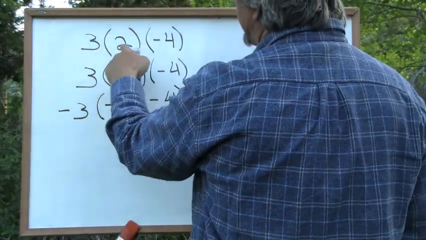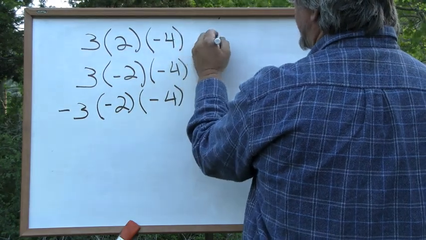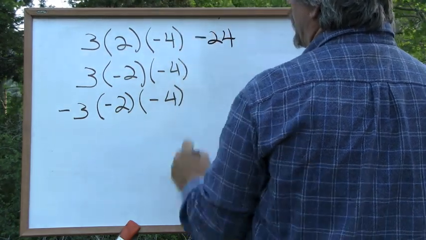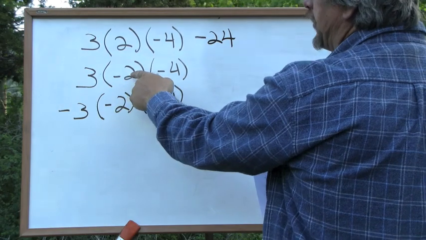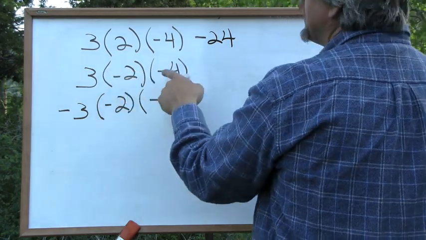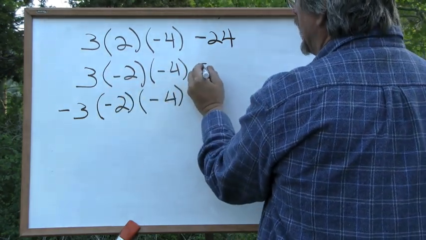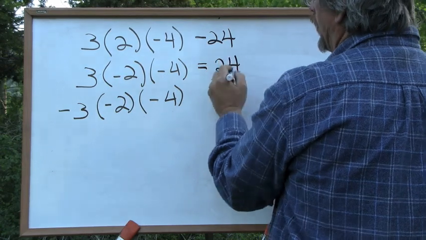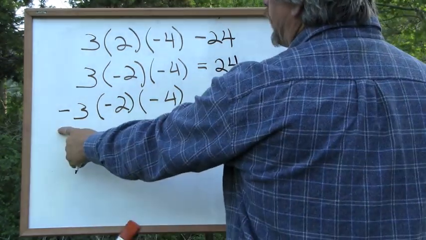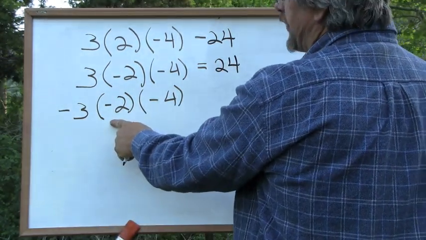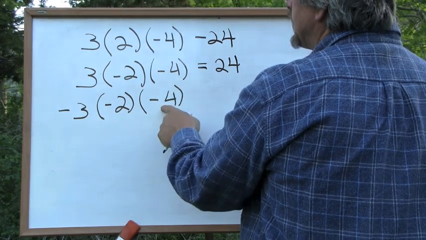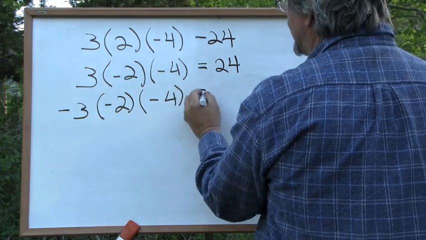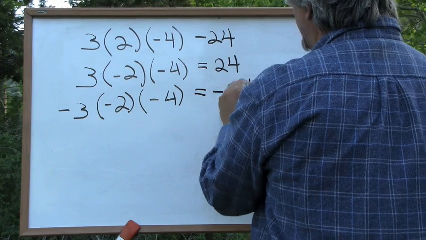3 times 2 is 6, times negative 4 is negative 24. That will be a negative. 3 times negative 2 is negative 6, times negative 4 equals 24. And negative 3 times negative 2 is positive 6, times negative 4 is negative 24.